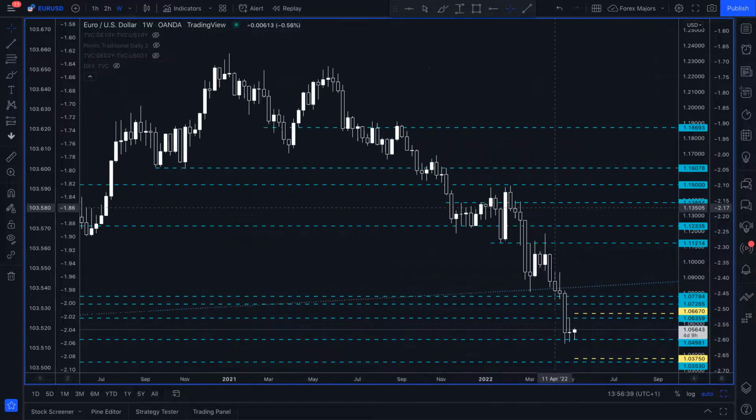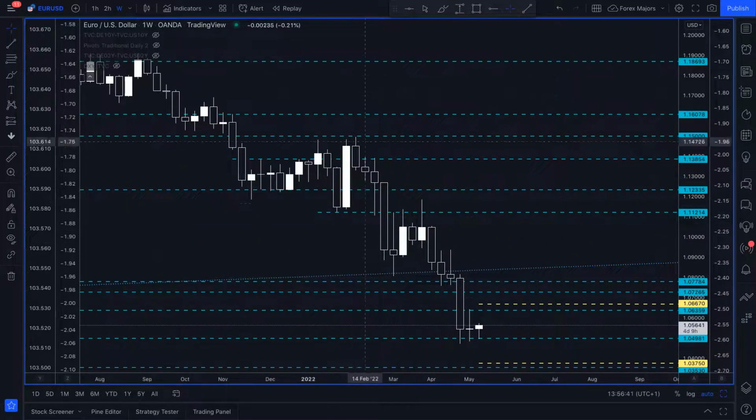You can see at the end of February, the euro sank from 1.1250-ish down to about 1.0850-ish. So that's a 300-plus point drop. If there's a sudden peace, expect a 300, 400-plus point rise. That's what we expect.